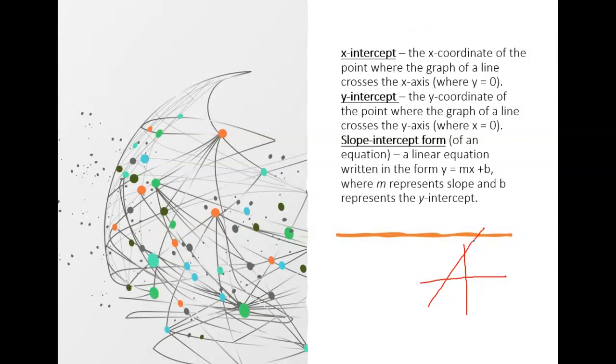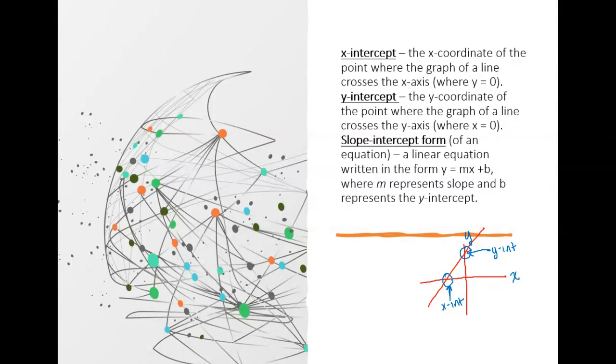Okay, so my y-axis is here and my x-intercept's here. The x-intercept is the x-coordinate on the point where the graph of a line crosses the x-axis. So this is my x-axis, and this point is going to be my x-intercept. Alternatively, this point where we cross the y-axis is my y-intercept.